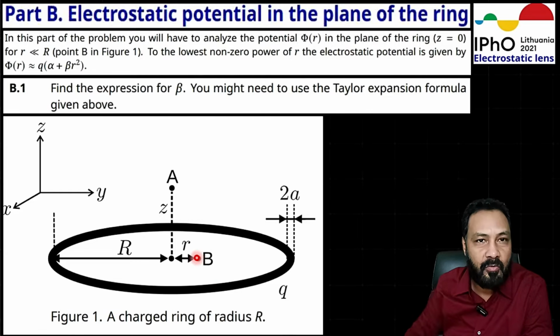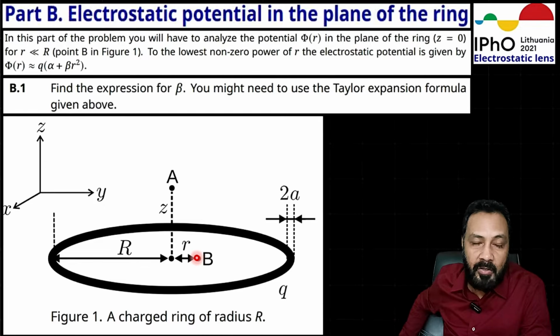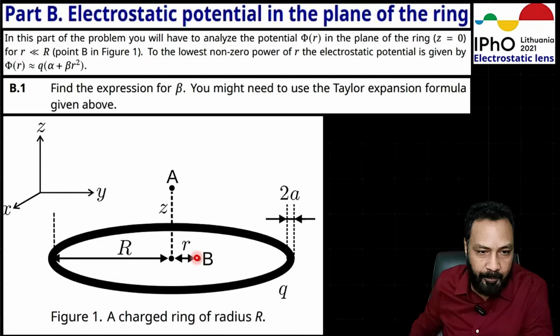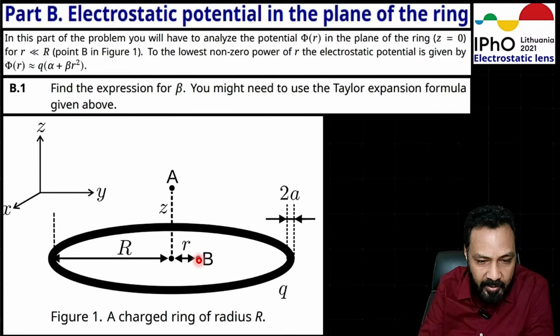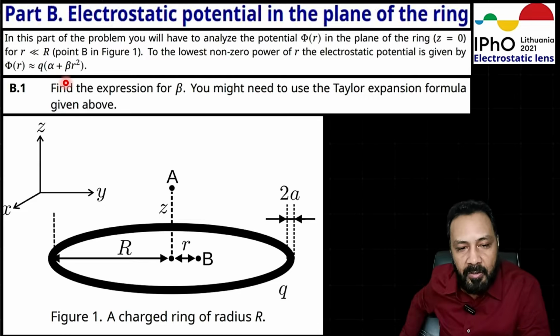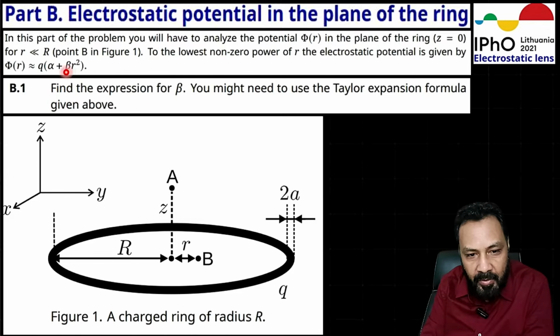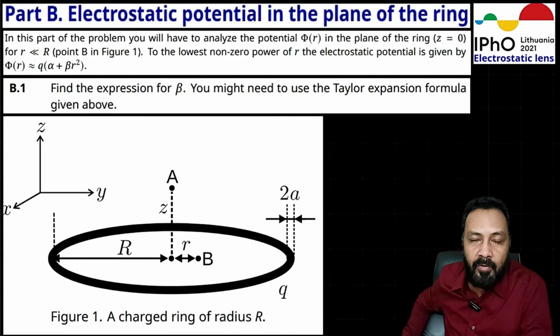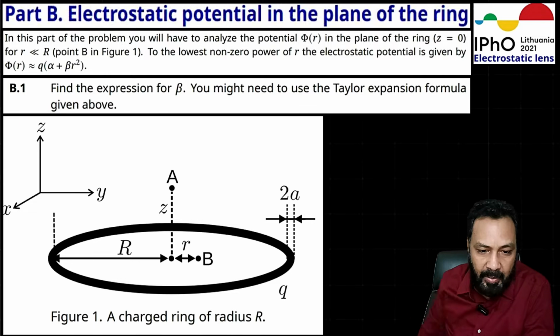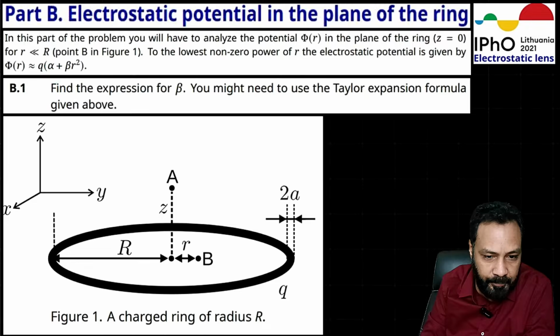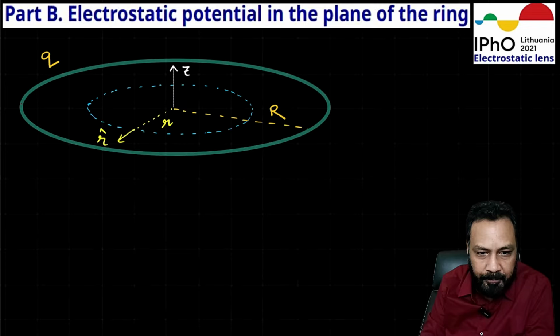Obviously the small r is also very small compared to capital R, and we have to find the potential here and express this in terms of q into some constant alpha plus some constant beta into r square. So if we write this, then we have to find that beta, so that beta will be used in the later subparts. So let's go ahead here.